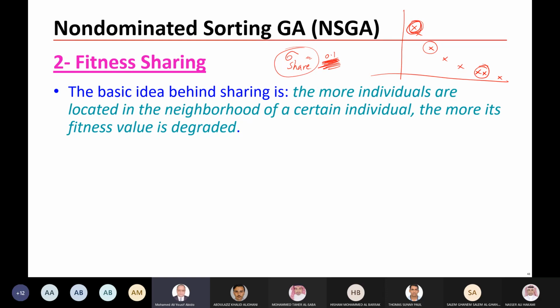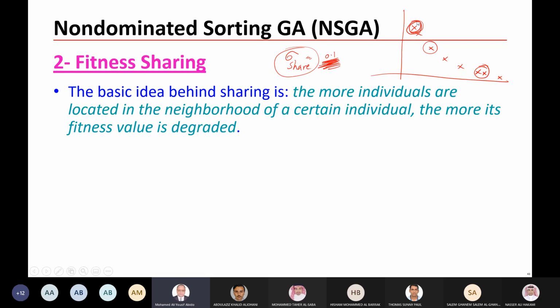Maybe 0.1 is very high, we don't know, or 0.01 is very low, we don't know. But anyway, if you set a distance, any solution within this distance is in the neighborhood. Otherwise, it is out of the neighborhood.